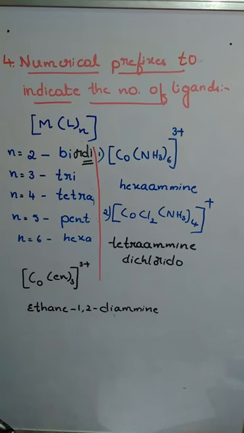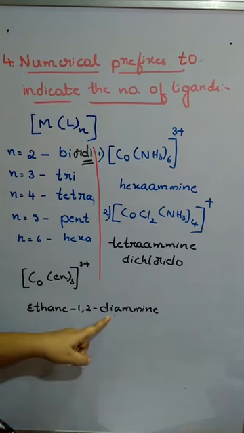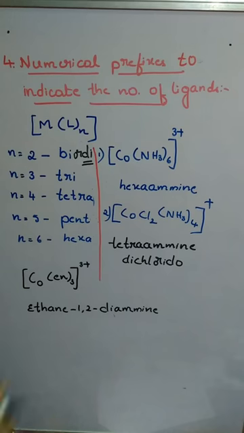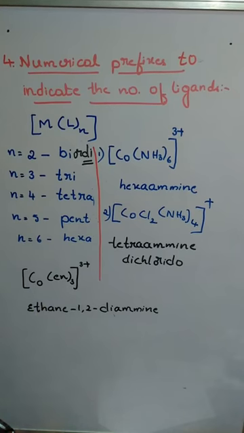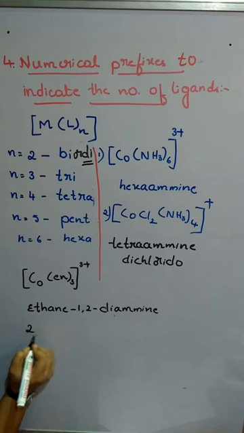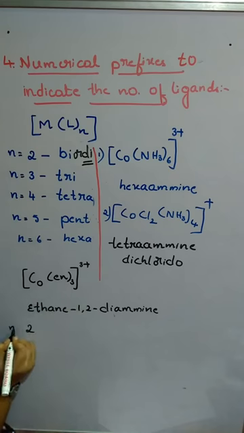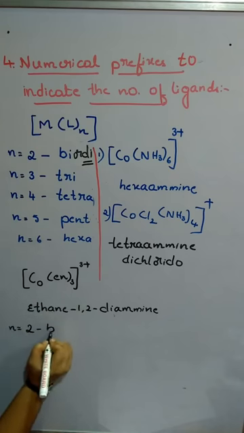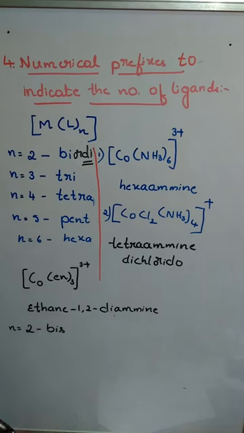Already di is in the name. At that time, you cannot write the 3 as tri. So for that reason, if n is equal to 2, we use bis.